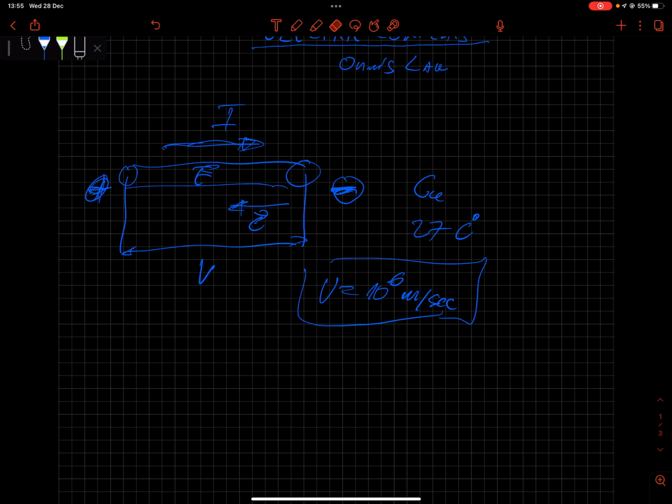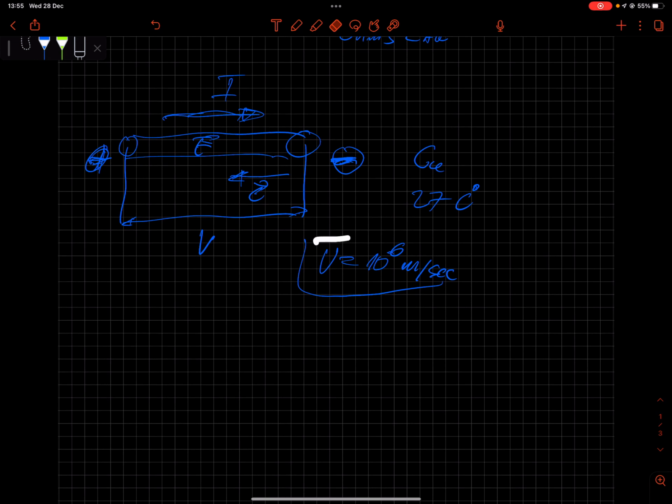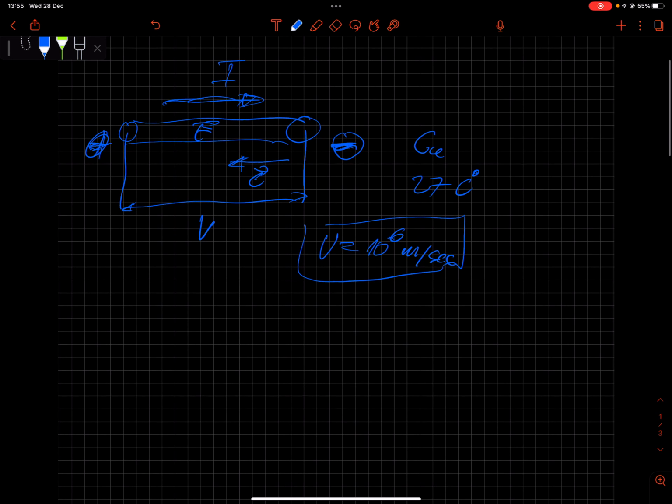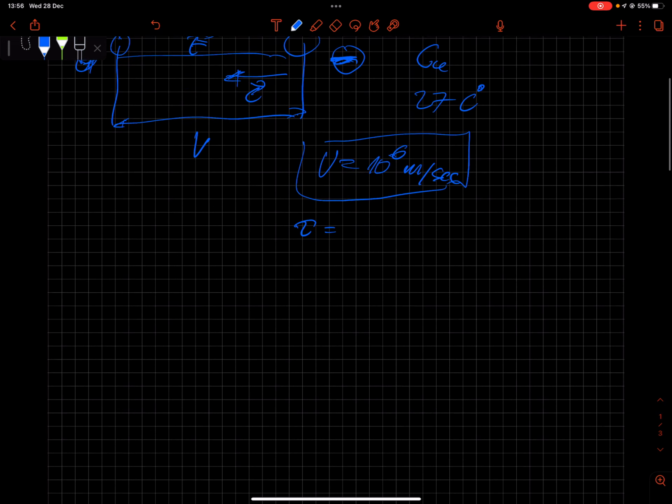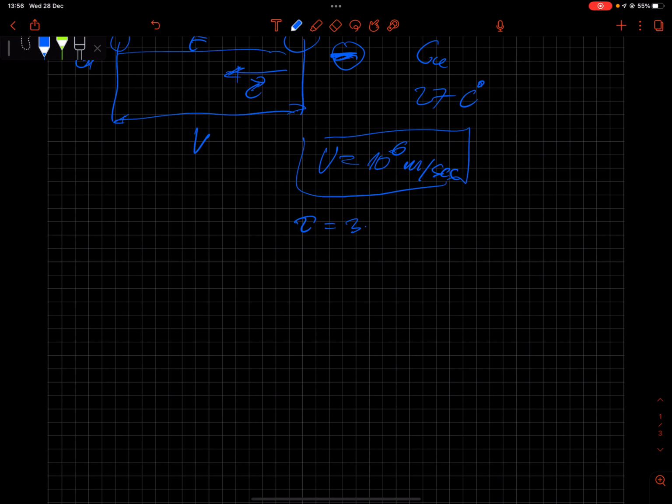Also, at room temperature, we have the time between collisions of free electrons. It's about 3 times 10 to the minus 14 seconds.